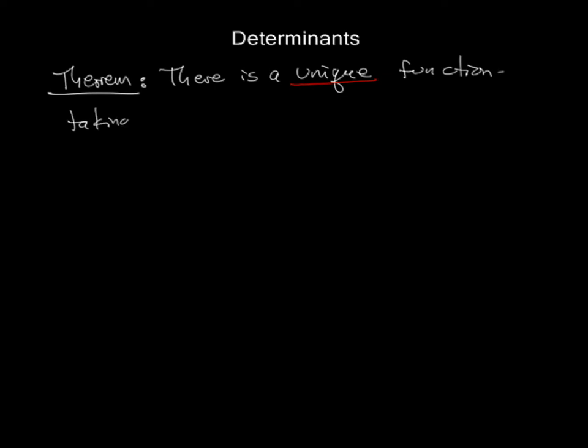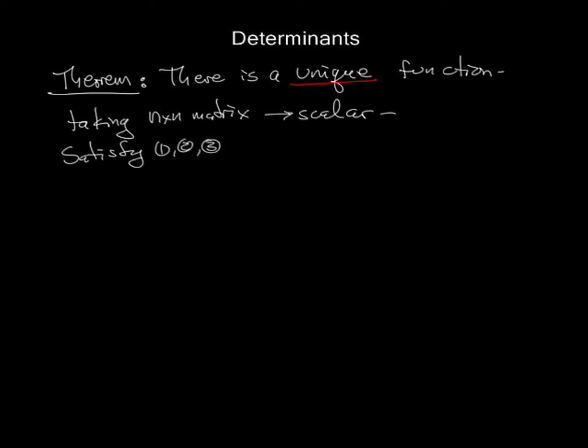Well, here's a very important and remarkable result. It says that there is a unique function or mapping which takes any matrix to a scalar which satisfies properties 1, 2, and 3.